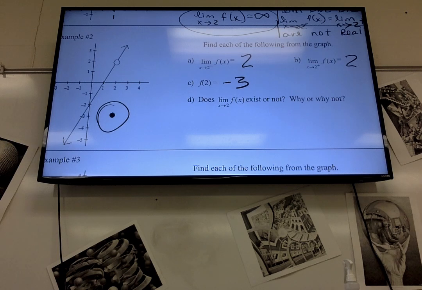Does the limit... Oh, what's up? It's not on the line, though. That's okay. This is a piecewise function. The whole thing is that line except for that point. So there's a whole equation for that single point. Yeah, well, it would just be a point.